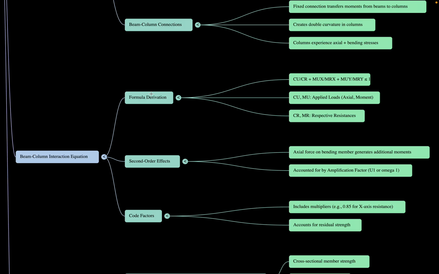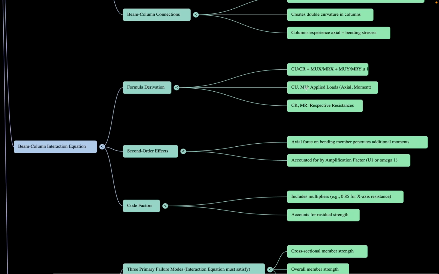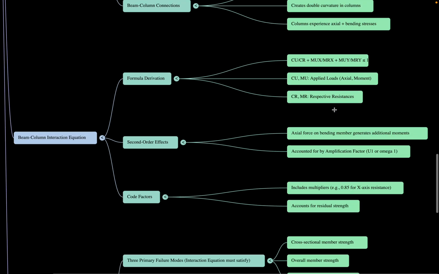We derived the interaction equation for beam columns from the normal stresses and the bending stresses, and we found that it's Cu over Cr plus Mux over Mrx plus Muy over Mry. Cu and Mu are the applied loads, axial and moment, and Cr and Mr are the respective resistances.